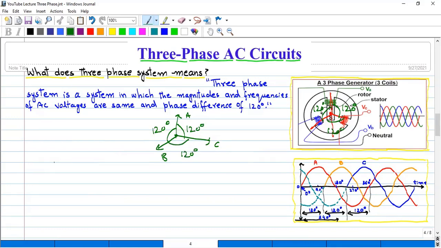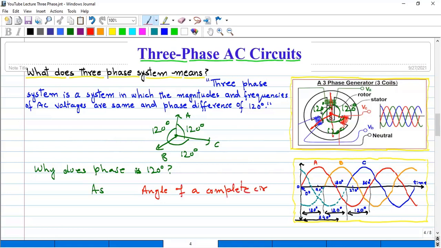Why is the phase difference 120 degrees? The answer to this question is, as we know, the angle of a complete circle is equal to 360 degrees.